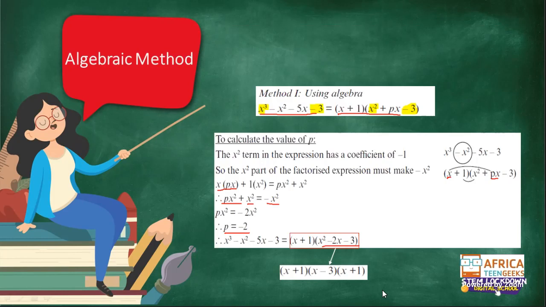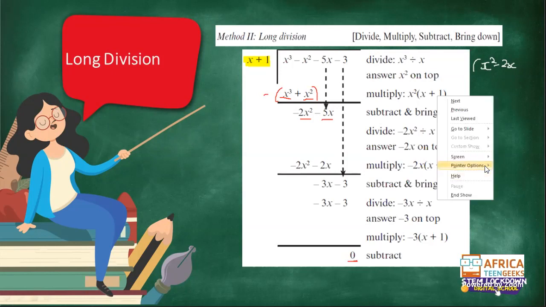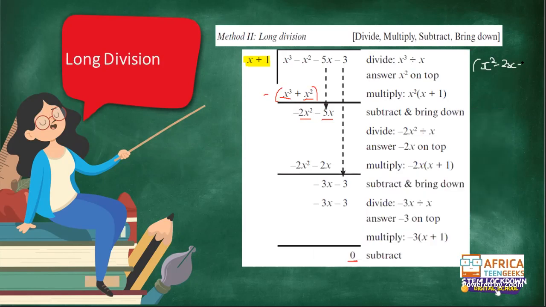So even here, you will still have the same answer. Let me use a different color. Minus 3. So if you do the same procedure, then that's what you will get.